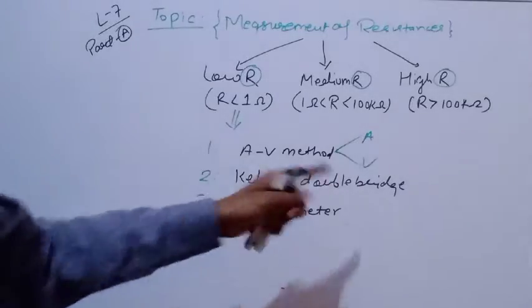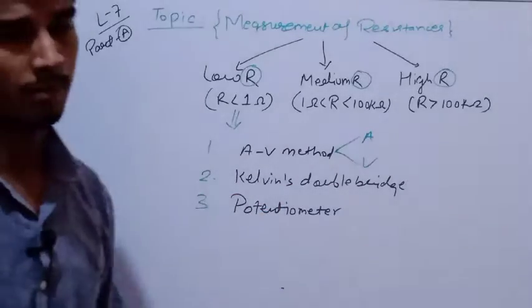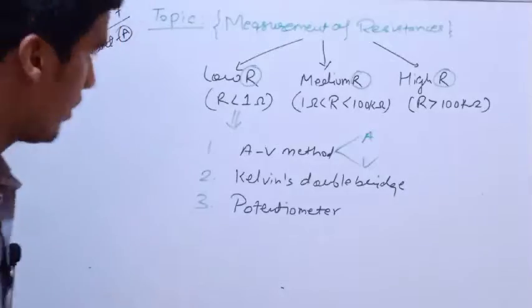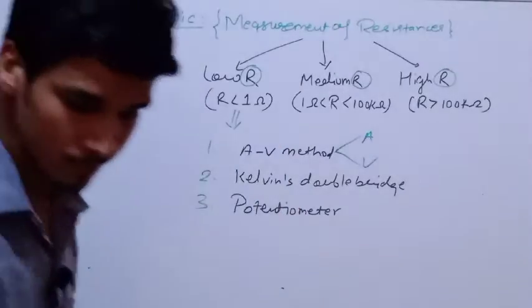Then Kelvin's double bridge method is also available, and the potentiometer method is also available. First we will understand the ammeter voltmeter method.